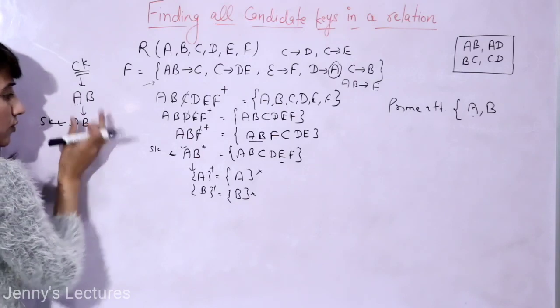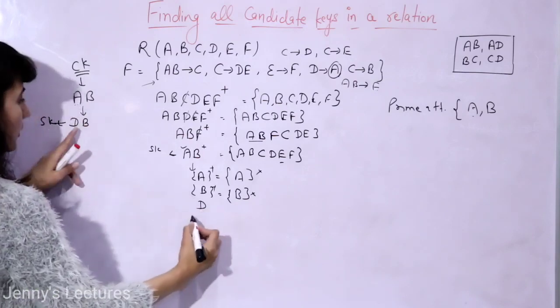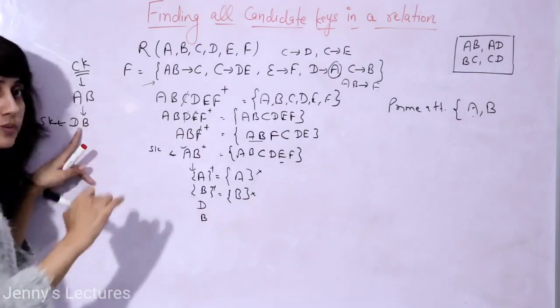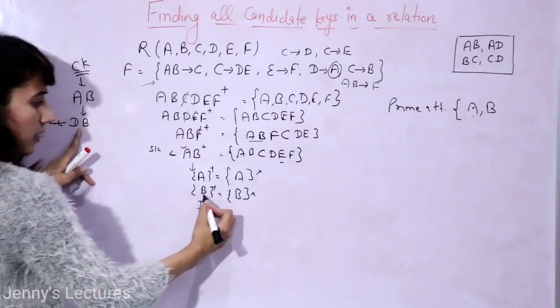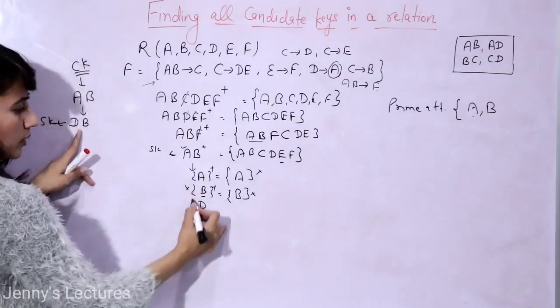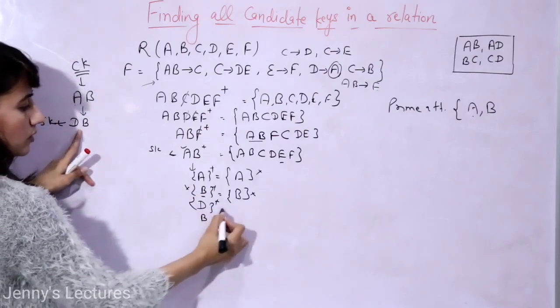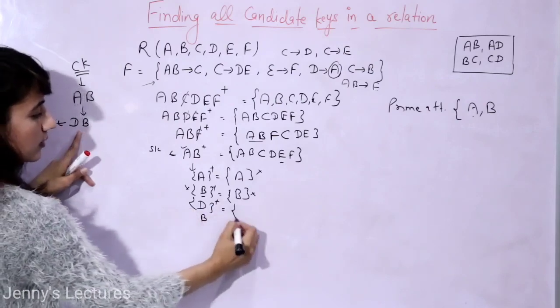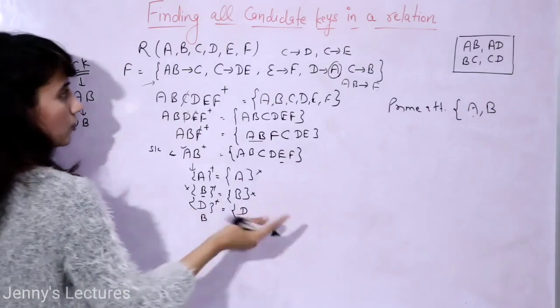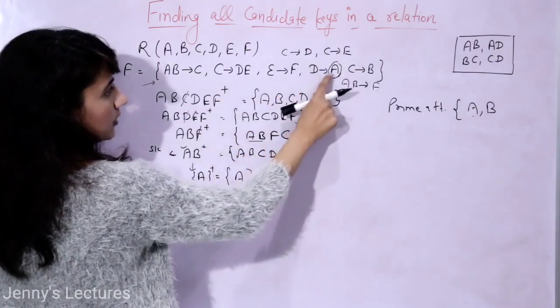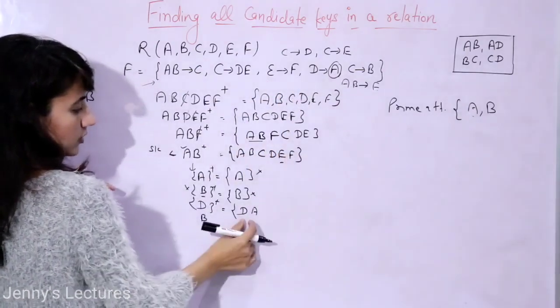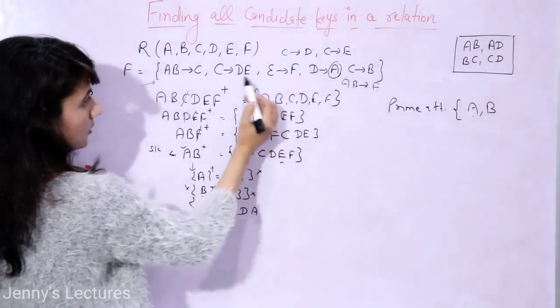Make the proper subsets of DB. One is D, another is B. Two proper subsets would be there, right? B I have already checked. This is not a super key. Now check out for D. How to check out? Find out the closure of D. In the closure I have first of all D. Now D is determining A. So I can write down here A because I have D. Now A is determining anything?